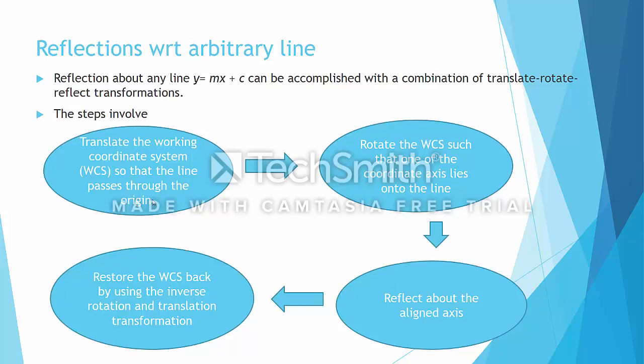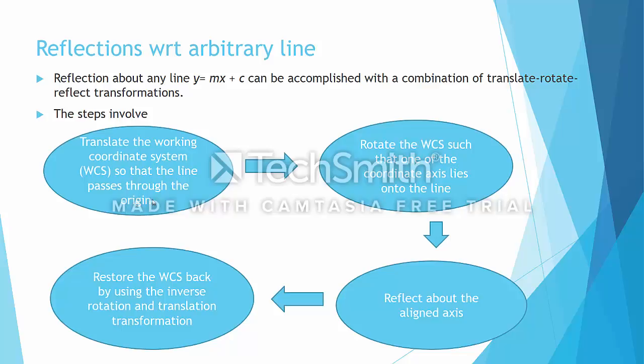Now, coming to reflections with respect to arbitrary lines, when we consider a line y equals mx plus c, where c is the y-intercept, reflection can be accomplished with a combination of translate, rotate, and reflection transformations. The steps involving the series of reflections with respect to the arbitrary line are represented in a flow chart.